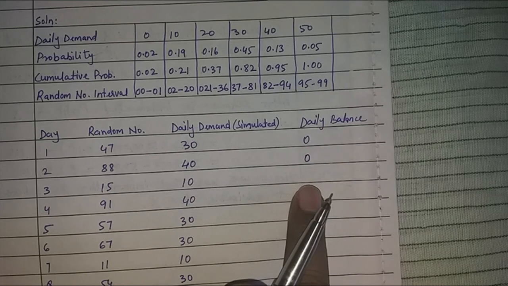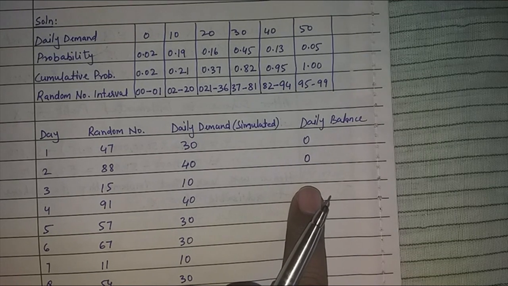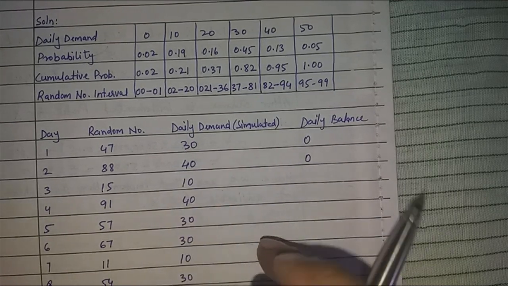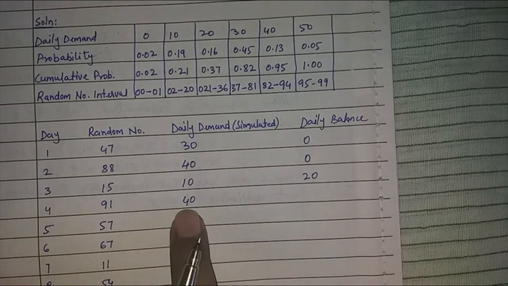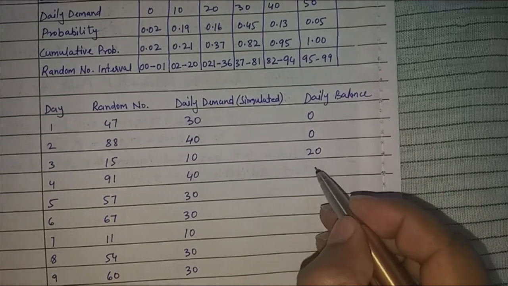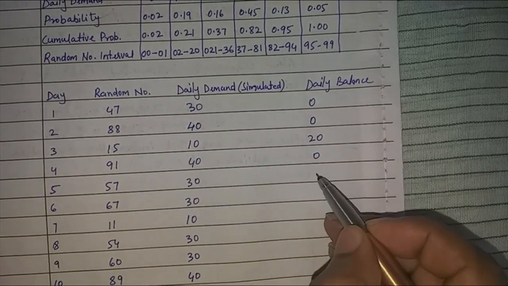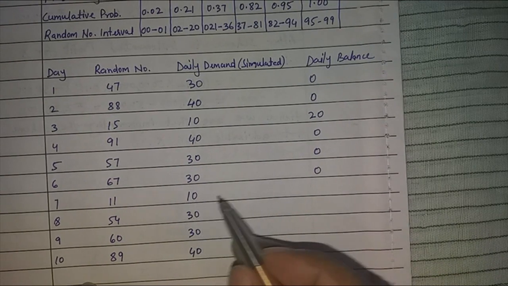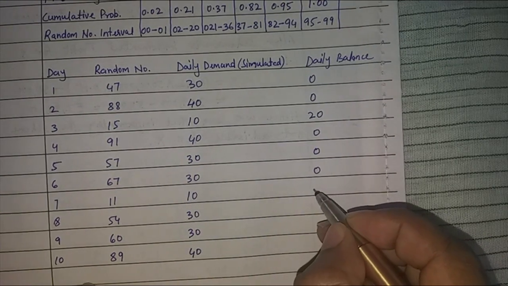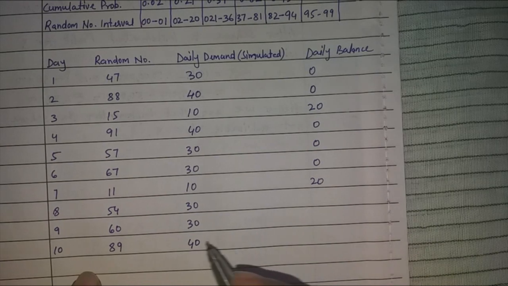For the next one, we made 30 cakes. The demand was 10, so there is a balance of 20 cakes. Here we have higher demand, so this will be 0. 30 minus 30 is 0. Here the demand is less, so 30 minus 10 will give me 20 again.